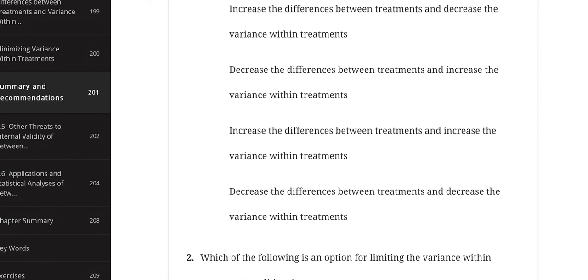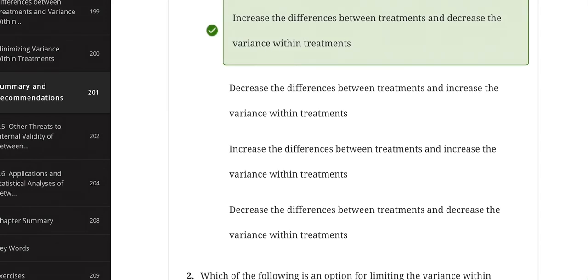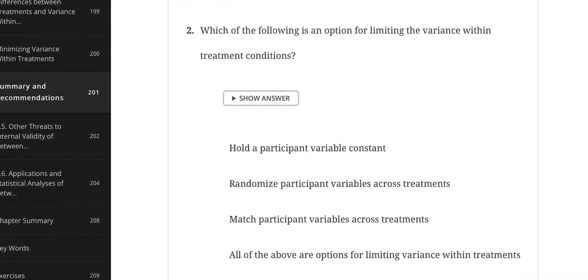And then the other two, one is decreasing the variance within the treatments and one is increasing the variance. Hopefully from doing all of this, you know that we want to minimize the variance within the treatments. So the answer is increasing the differences between so that we know the independent variable had an effect, and we want to decrease the variance within the groups so that, again, we can see clearly the difference between the groups.